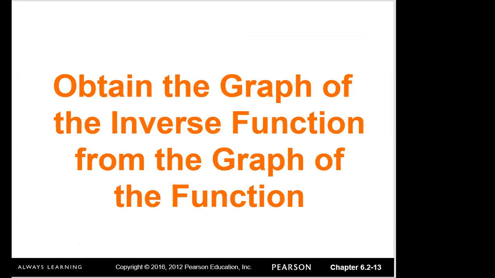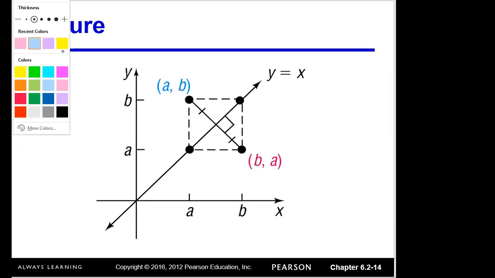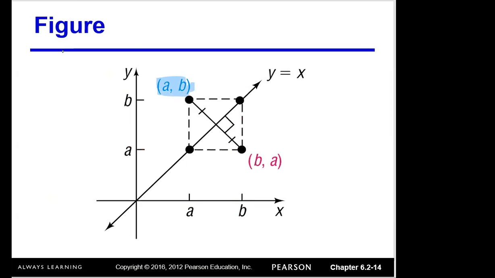Okay, now here comes the pictures. Obtaining the graphs of the inverse function, you're basically just switching your x and your y coordinates. So whatever your original function is, and I'm going to keep with the blue theme here, every point has an ordered pair of a and then b.